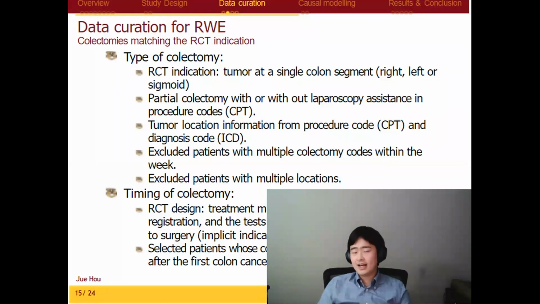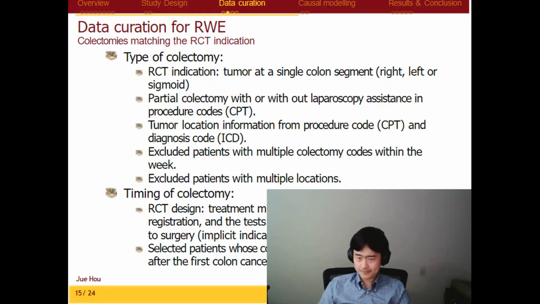So basically, it has to be a partial colectomy code, and the patient cannot have multiple locations appearing on the same day for the surgery. And also we would exclude patients if multiple colectomy codes are recorded in the same week, because that means the procedure might be more complicated.